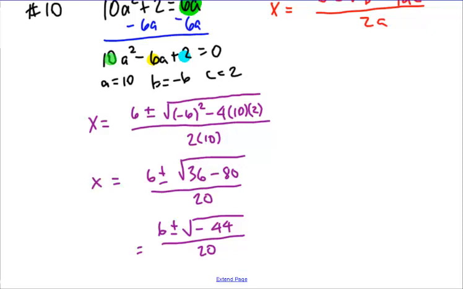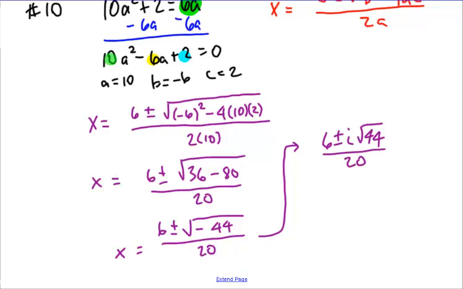And this is x equals all the way down. Well, the square root of a negative number is going to be i. So my next step would be 6 plus or minus i square root of 44 over 20.